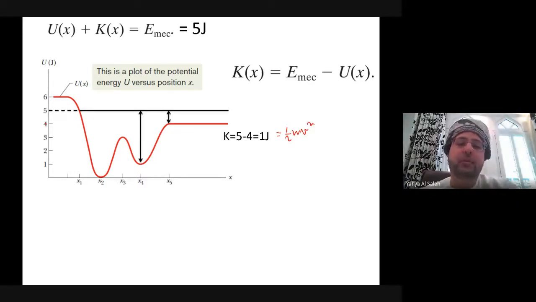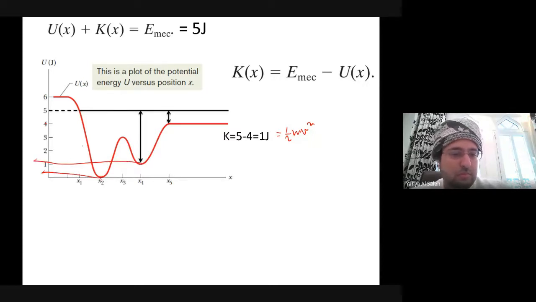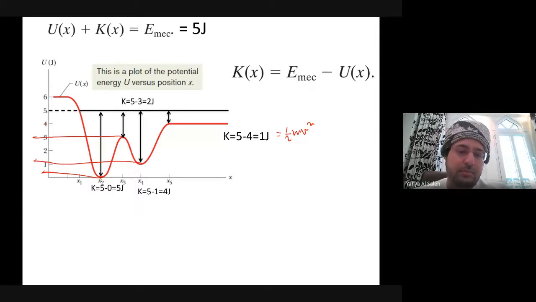What about here? What is my kinetic energy going to be here at this point? It's going to be 5 minus 1, which is 4. What about here? 5, no potential energy here, full kinetic.